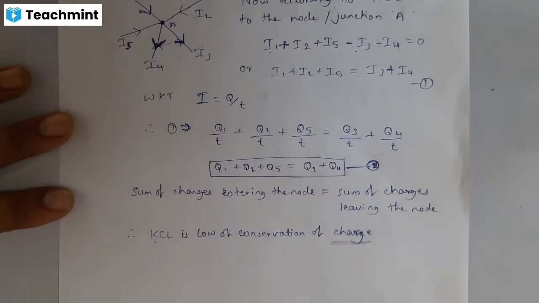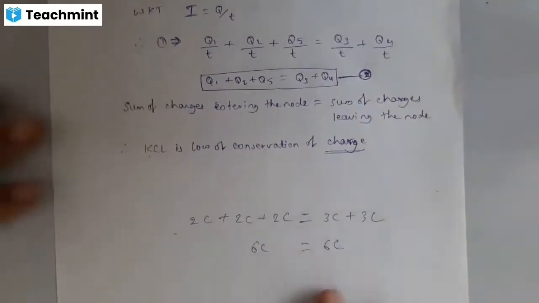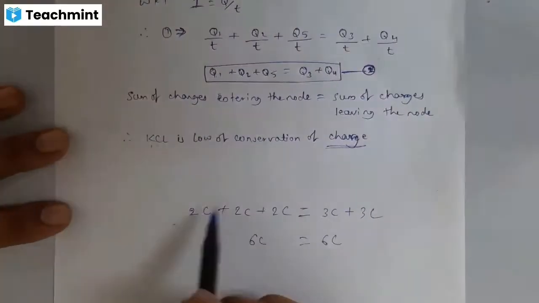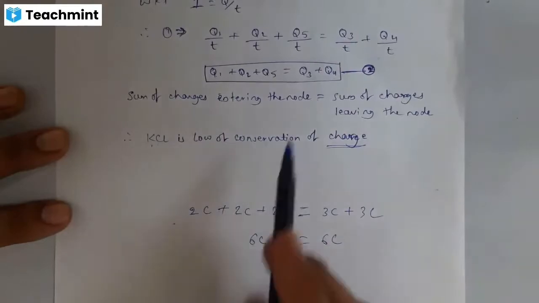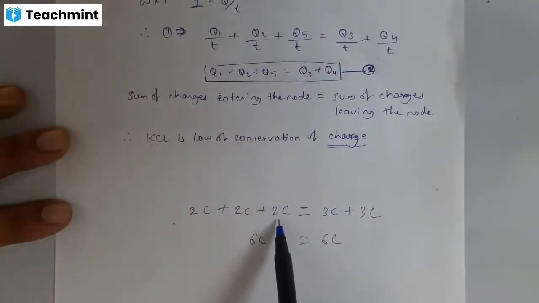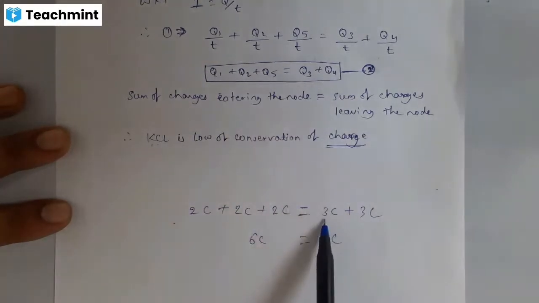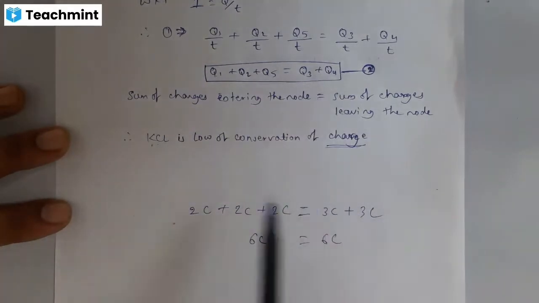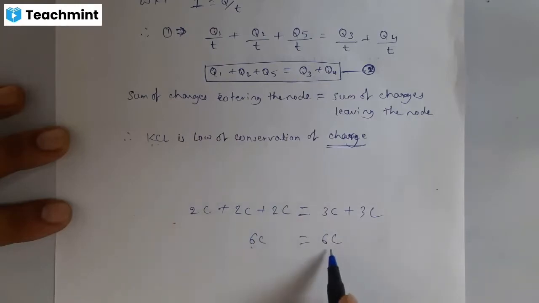Charges are taken in coulombs. If you sum this, you will get 6 coulomb on the LHS and again 6 coulomb on the RHS.